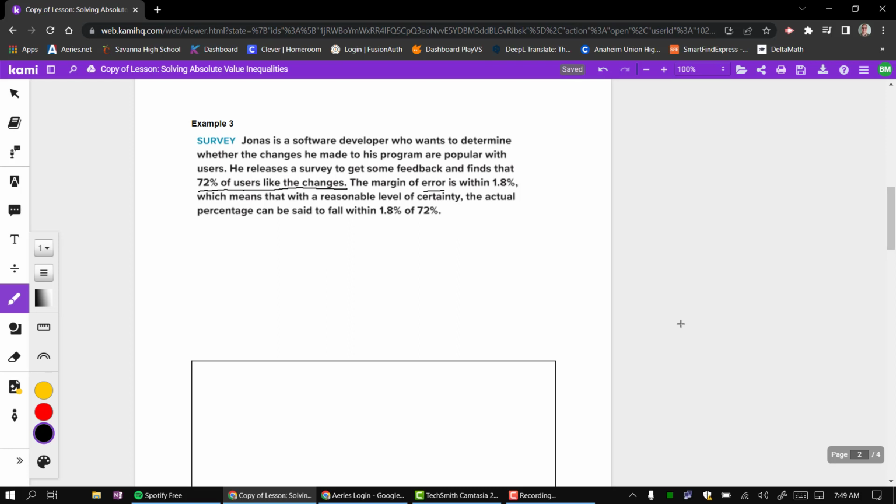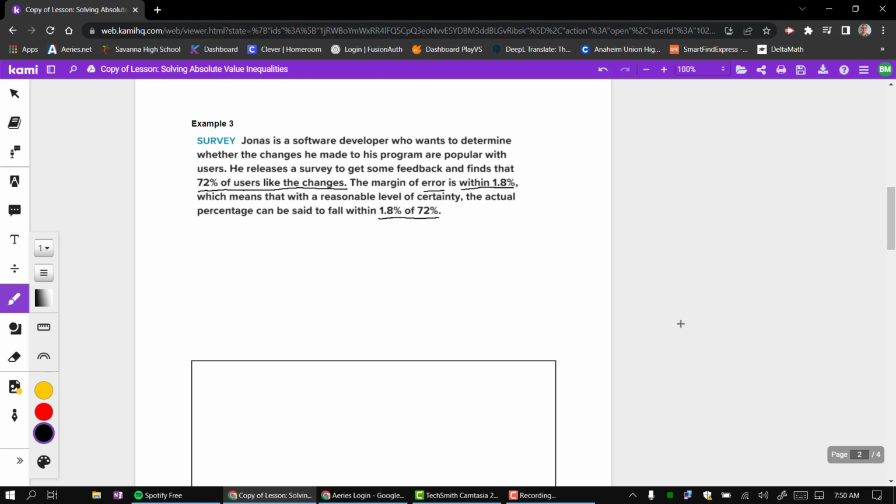So error within 1.8, which means that that is a reasonable level of certainty. The actual percentage could be said to fall within 1.8 of 72%. So what would be expected percentages for us to fall in? So what is going to be the bottom percent that we can fall in, and what is going to be the top percent that we can fall in?